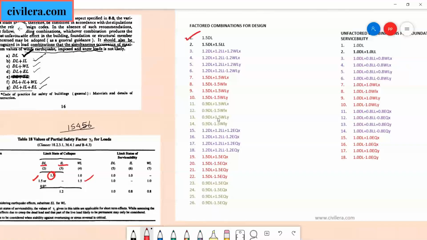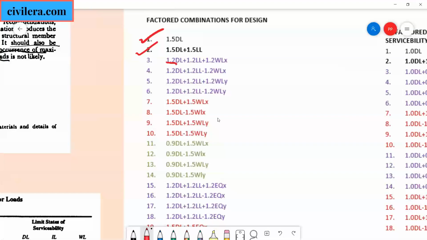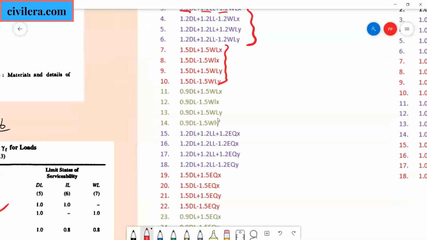So 1.5 dead load, 1.5 dead load plus 1.5 live load. Then you have the 1.2. When you combine all the three, your factor of safety is 1.2, 1.2. So you have another 4 here. Then when you combine only dead and wind, you have another 4. Then you have another 4 because the code asks you to do that.